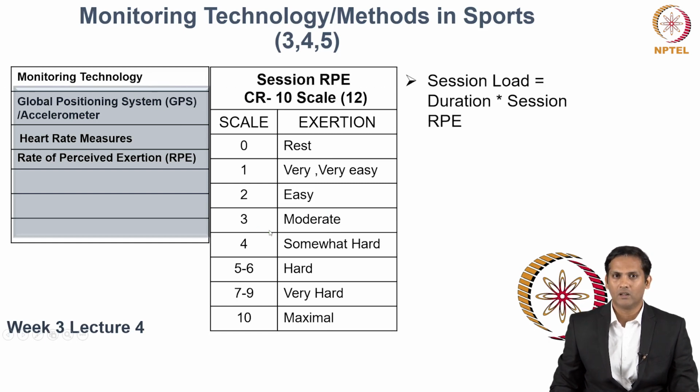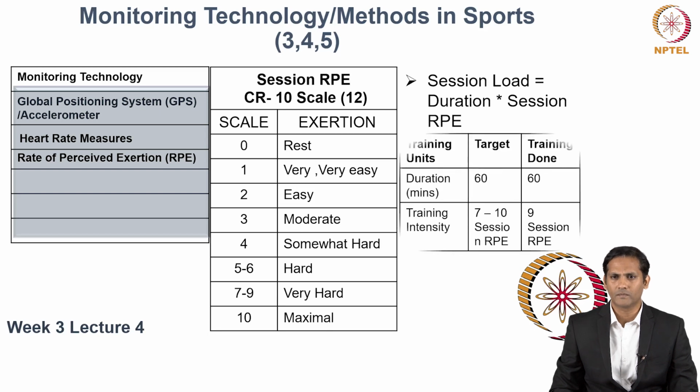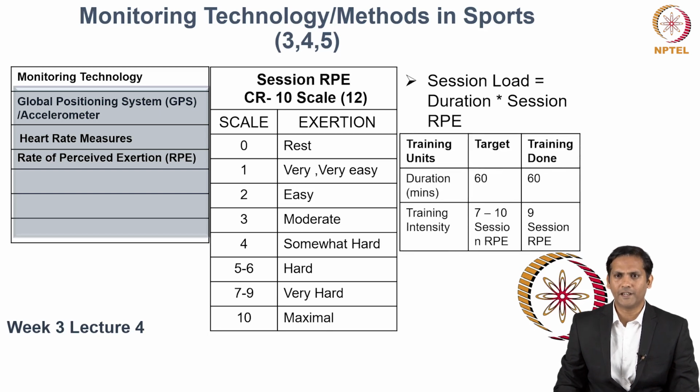Session RPE is specifically used to calculate the session load, which can be calculated by the formula duration multiplied by session RPE. Now let's consider an example where you have given a target to complete the training session with a session RPE of 7 to 10, and the athlete completes the training session with a session RPE of 9.